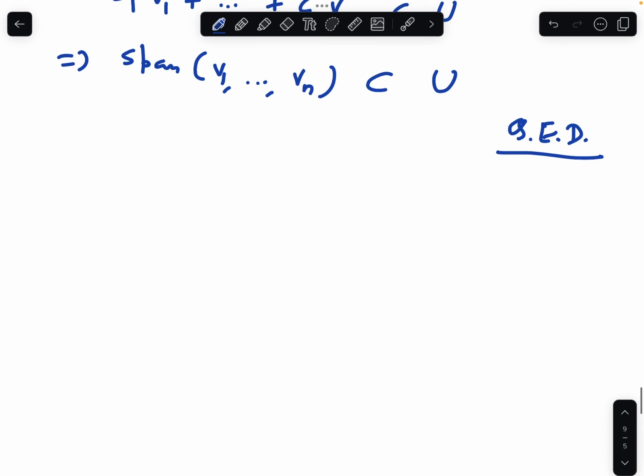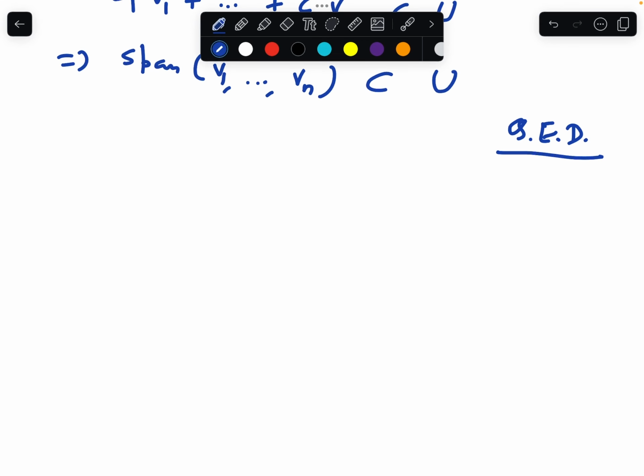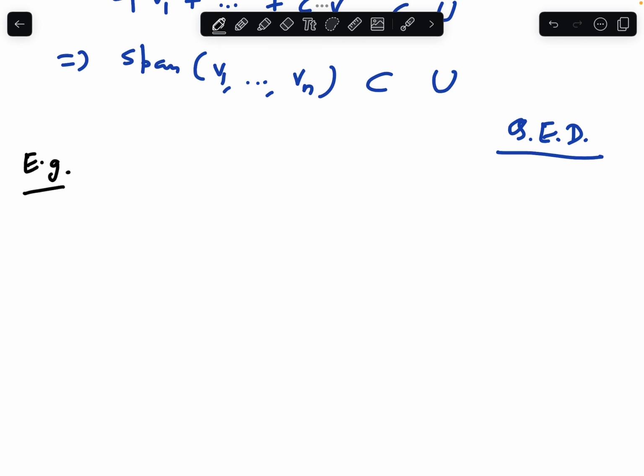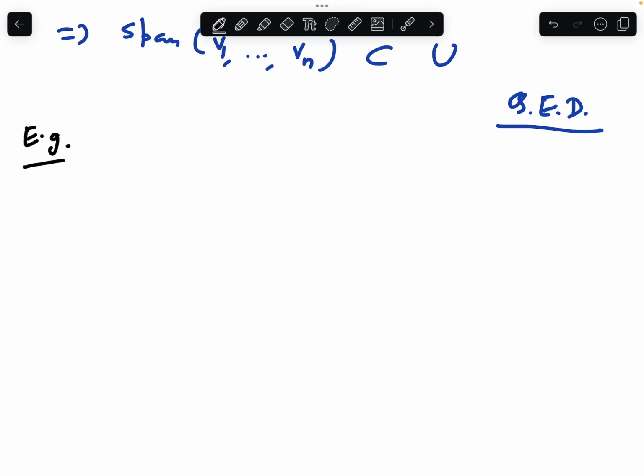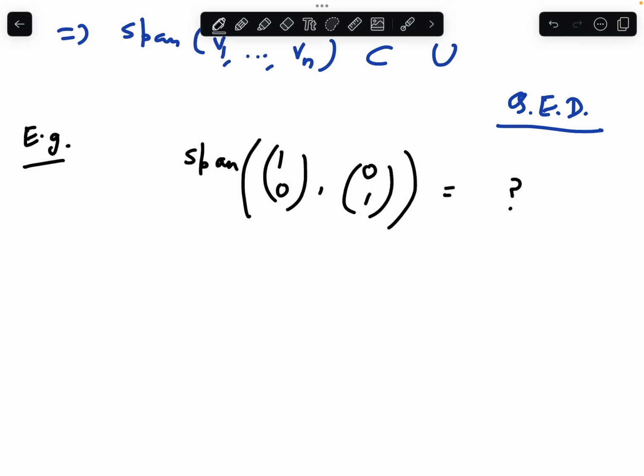Now let's take a look at some examples. Span of (1, 0), (0, 1) is equal to what? So these (1, 0), (0, 1) are from R2, Euclidean space R2.